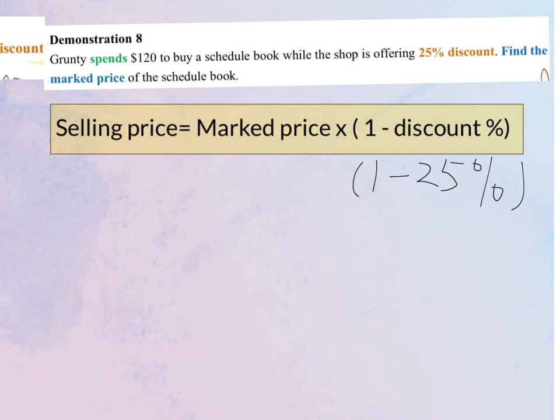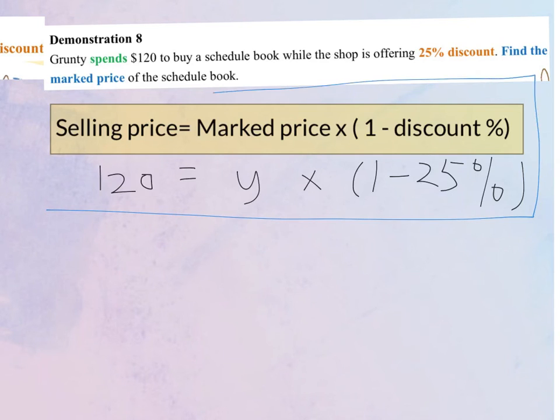And then the most important thing is to know which one is the new and which one is the old. Of course, she spends the selling price, so the selling price is 120. And the market price, we don't know, so we just set an unknown Y, because it is easy to do the calculation.